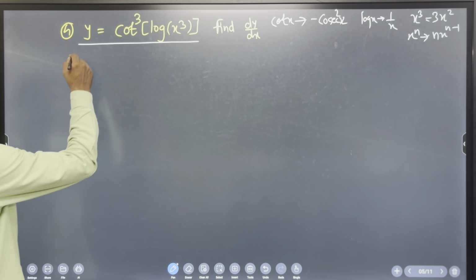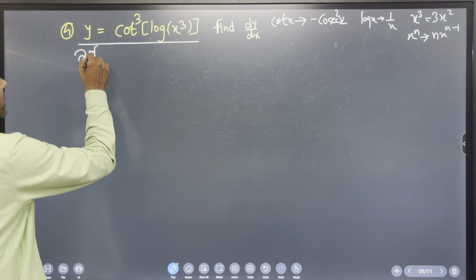So let's start. Differentiating y with respect to x, we get dy by dx equals d by dx of cot cube into bracket log of x cube, bracket complete. Most importantly, here cot cube is there.